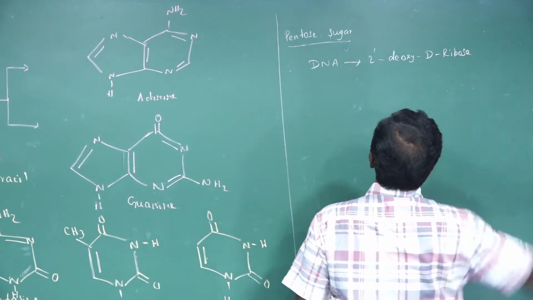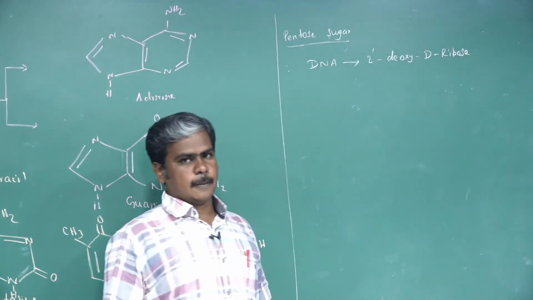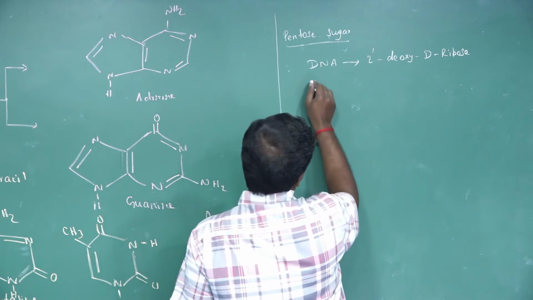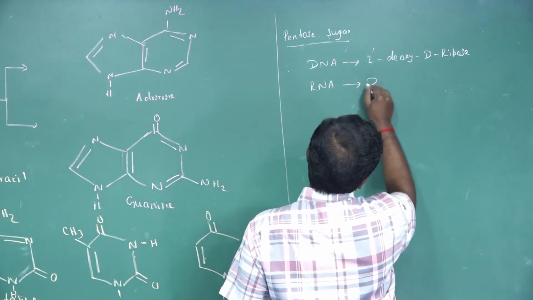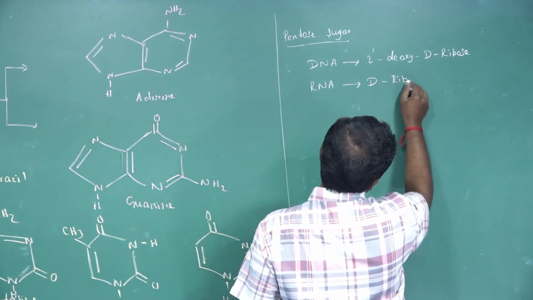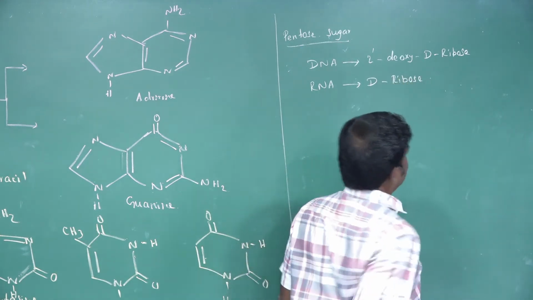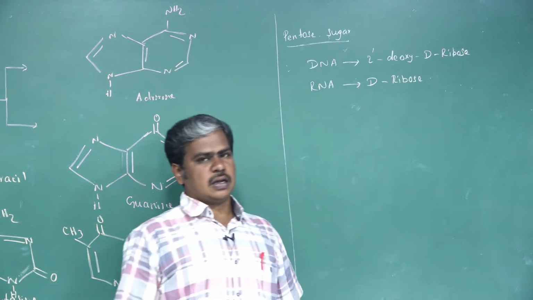This is the sugar present in DNA. If we take RNA, it has only D-ribose. So the D-ribose sugar is present in RNA.